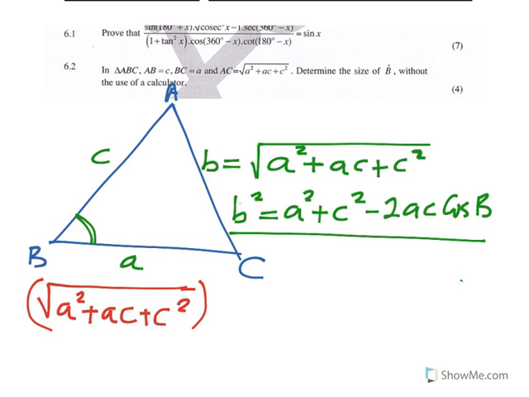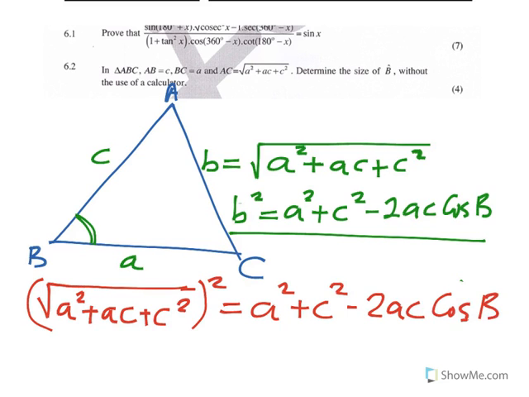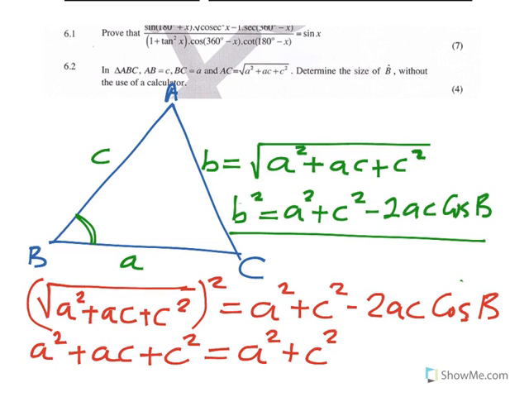But remember, it's b squared, so I'll square that, and it is equal to a squared plus c squared minus 2ac cos B. So a squared plus ac plus c squared is equal to a squared plus c squared minus 2ac cos B. Something is interesting there. a and a will subtract each other, c and c will subtract each other. So there will be a lot of these subtracting each other.